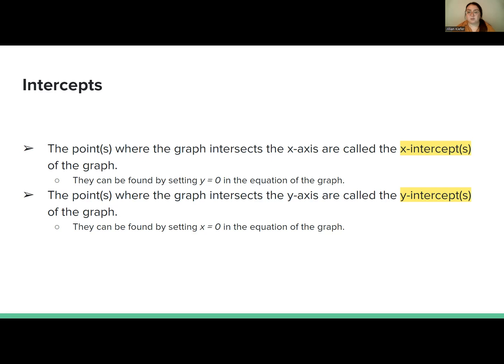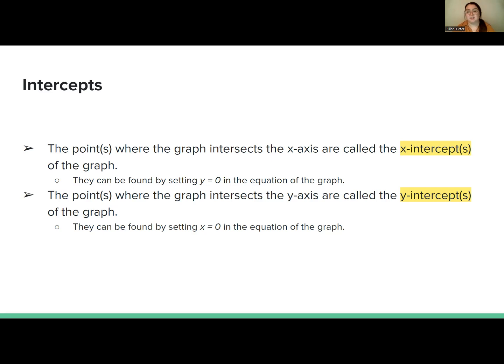Pretty much opposite for y-intercepts: the point where your graph intersects the y-axis is the y-intercept. They are found algebraically by letting x equal 0 and solving for y in your equation. If you have the actual graph in front of you, you can just identify wherever the graph you drew goes through the y-axis.